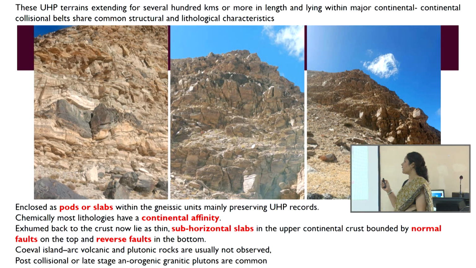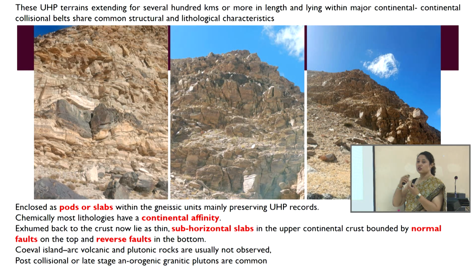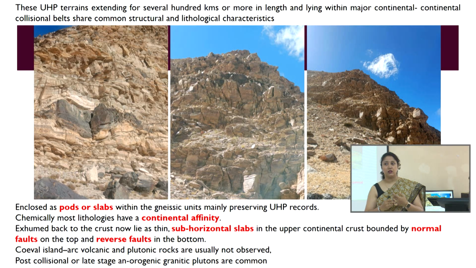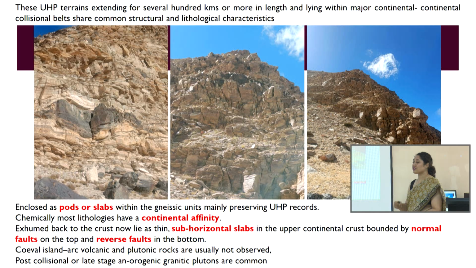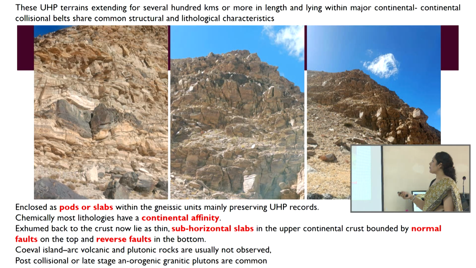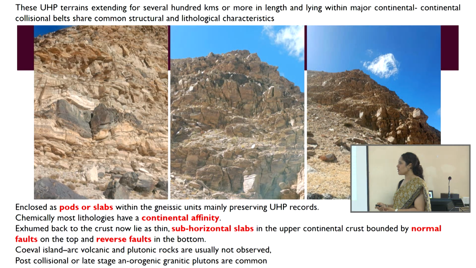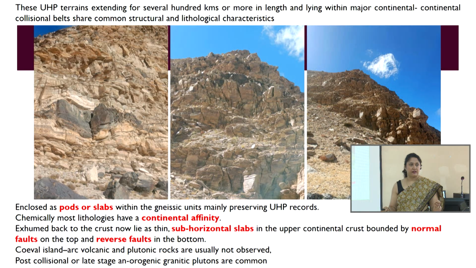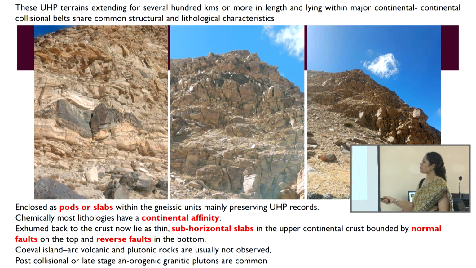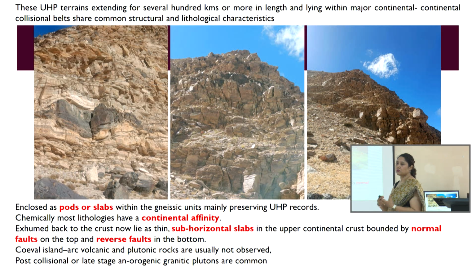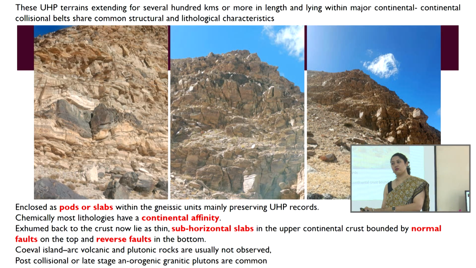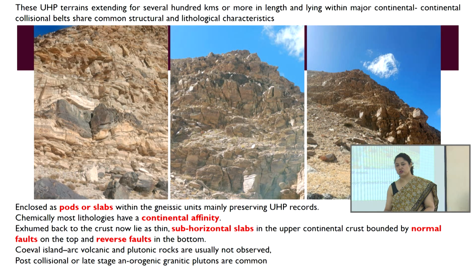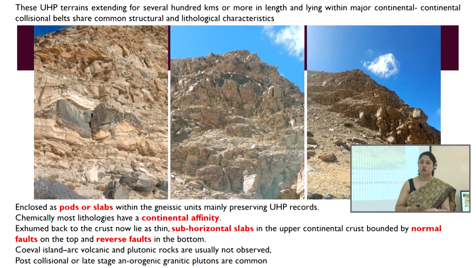But if you look at literature, especially the paper by Liu et al. in 2001, it shows that most of these terrains which are now recognized UHP terrains, they all have several similarities, and they primarily have pods or lenses of mafic material which have basically been subducted to depths and now do show UHP signatures.